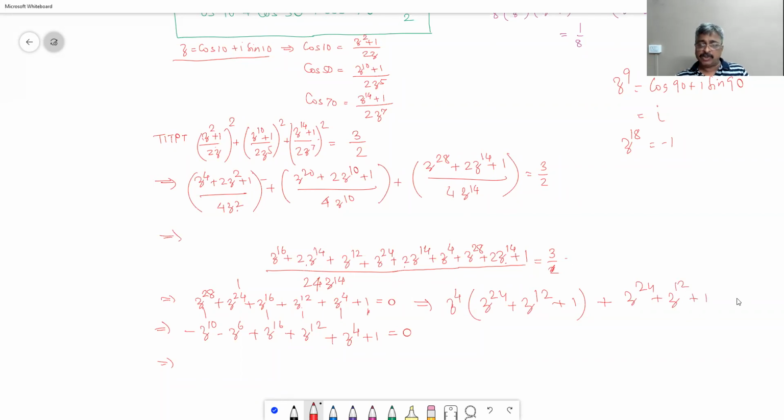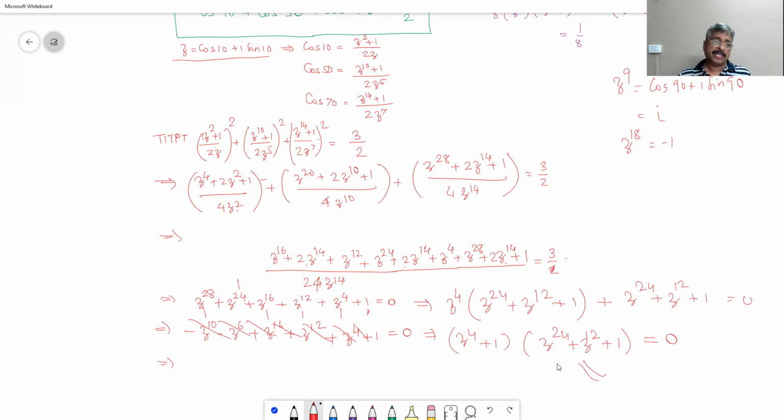These are total 6 terms. Yes or no? Yes. So this is getting factorized. Instead of getting confused here, we can get it factorized here. Z raised to 4 plus 1 into z raised to 24 plus z raised to 12 plus 1 is equal to 0, and this is equivalent to omega plus 1 plus omega square.